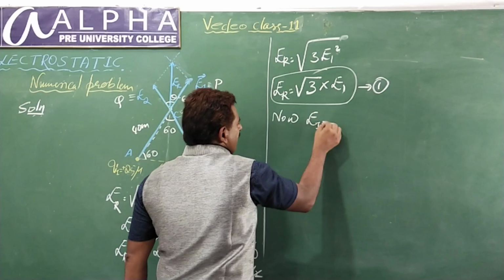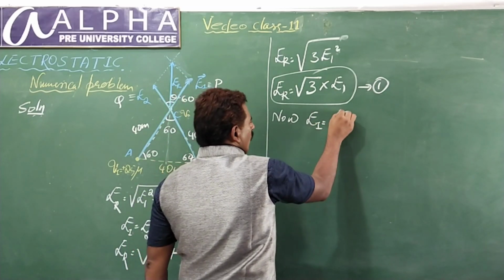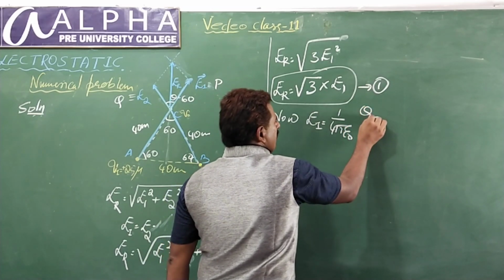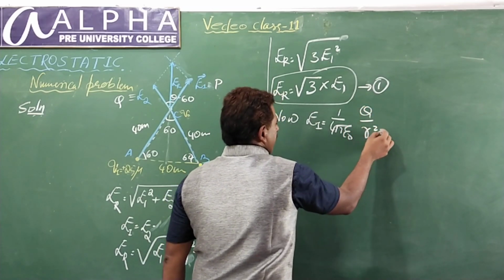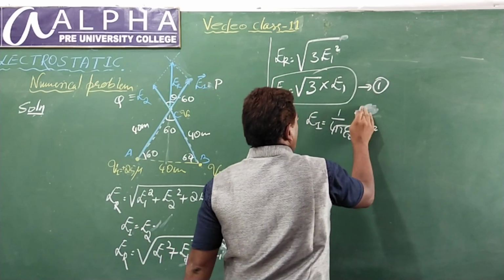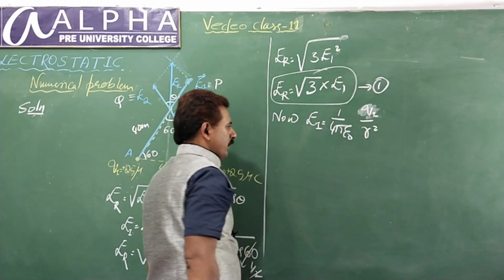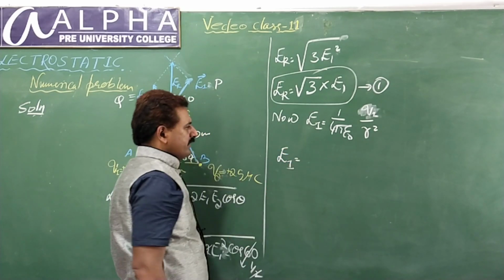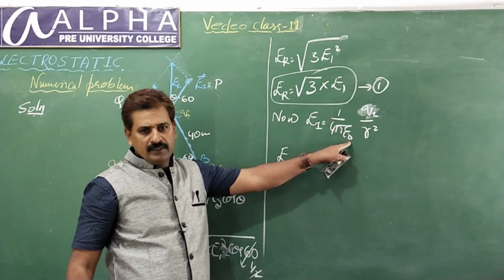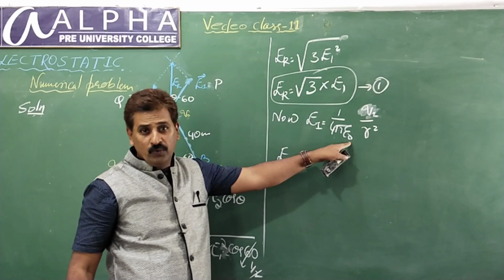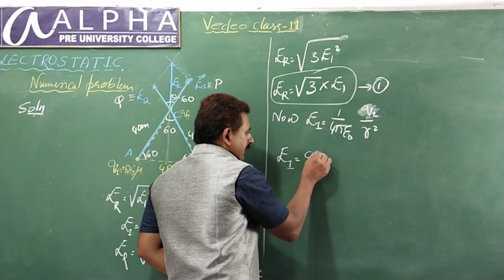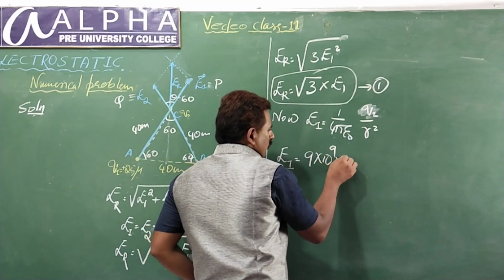What is E1? E1 is, as I told you, 1 over 4 pi epsilon 0 times Q divided by R squared. That Q is here small q1. Therefore, E1 equals, what is the value of 1 by 4 pi epsilon 0? As I told you to remember, it is 9 into 10 to the power 9, into Q1.